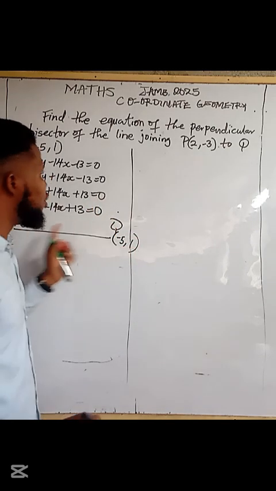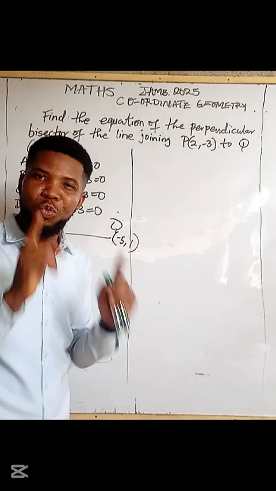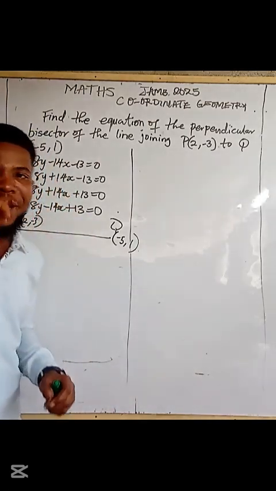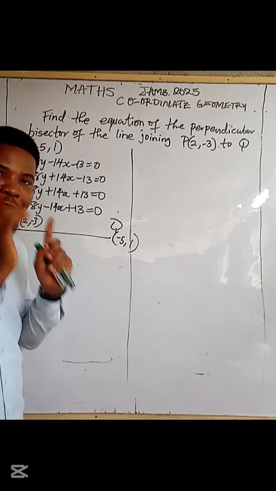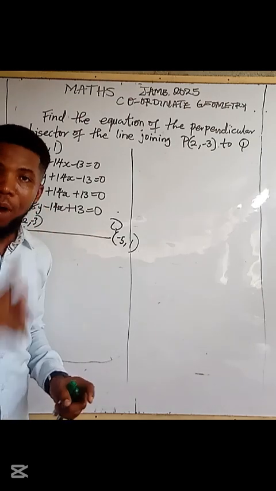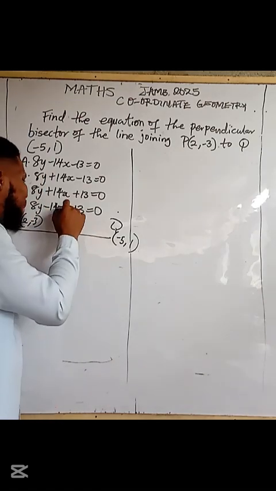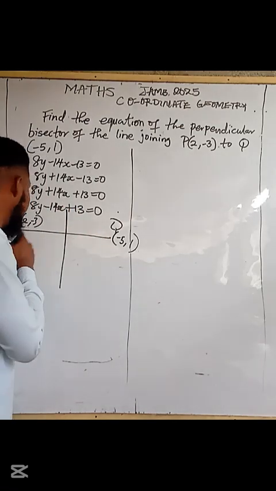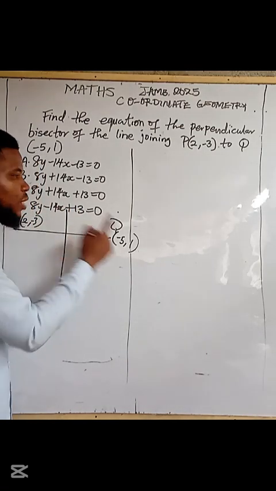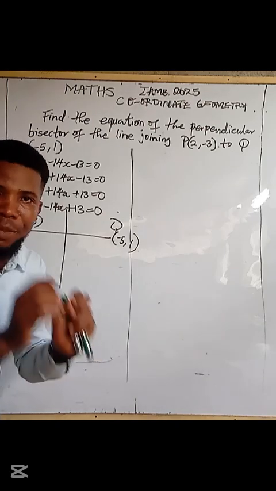But we are now looking for the equation of another line that is a perpendicular bisector. Any perpendicular bisector between these 2 points must be a perpendicular line that will pass through the midpoint between P and Q, the middle.